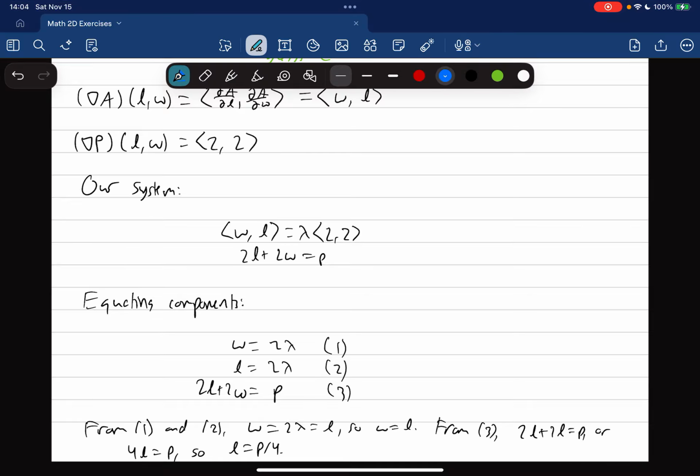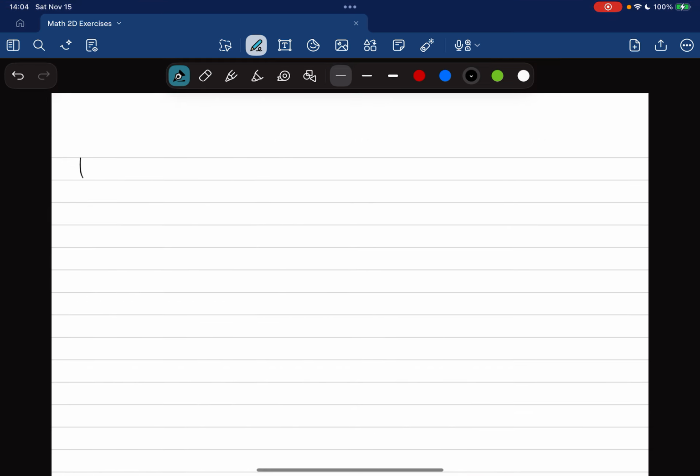But then, from this equation here, since W equals L, we see that W equals p over 4 also, and so both of these, the length and the width, have the same length. So our rectangle has to be a square.